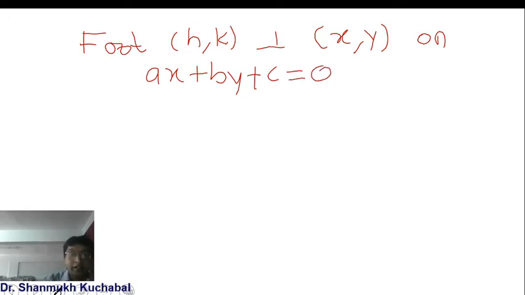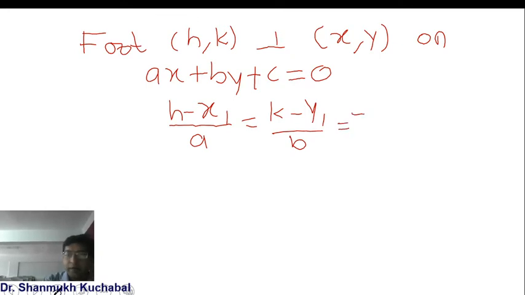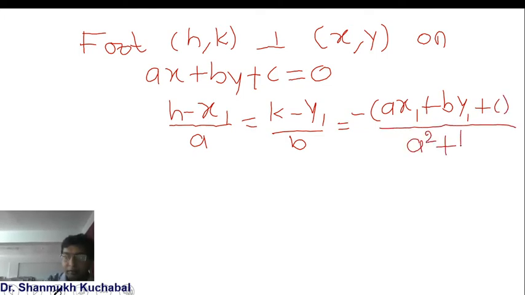Then the equation is given as (h - x1)/a = (k - y1)/b = -(a x1 + b y1 + c)/(a² + b²). This is the formula, so I use this notation here.